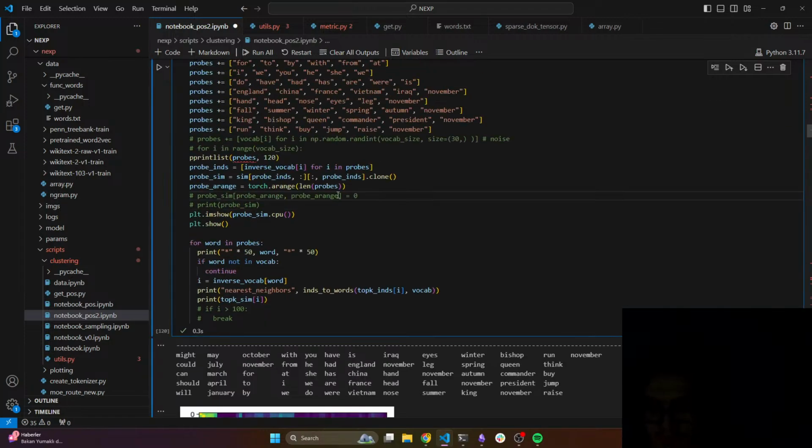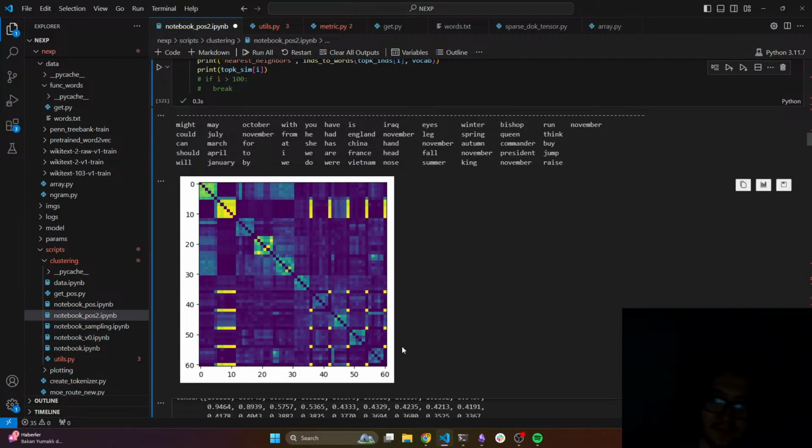Now I'm gonna get rid of the diagonal so that it's a bit better looking. It looks a little better. 1, 2, 3, 4, 5. Again, these clusters are not super clear cut. They're just clear enough.